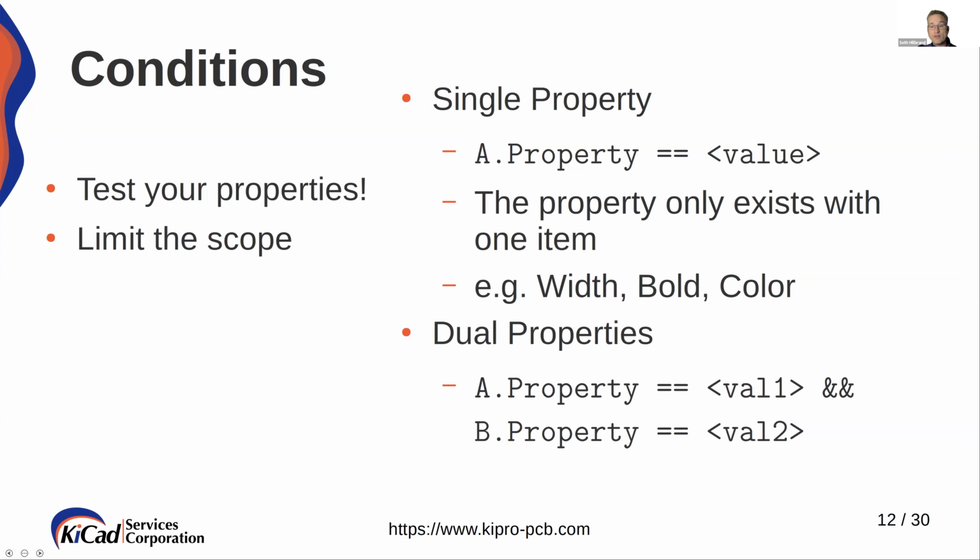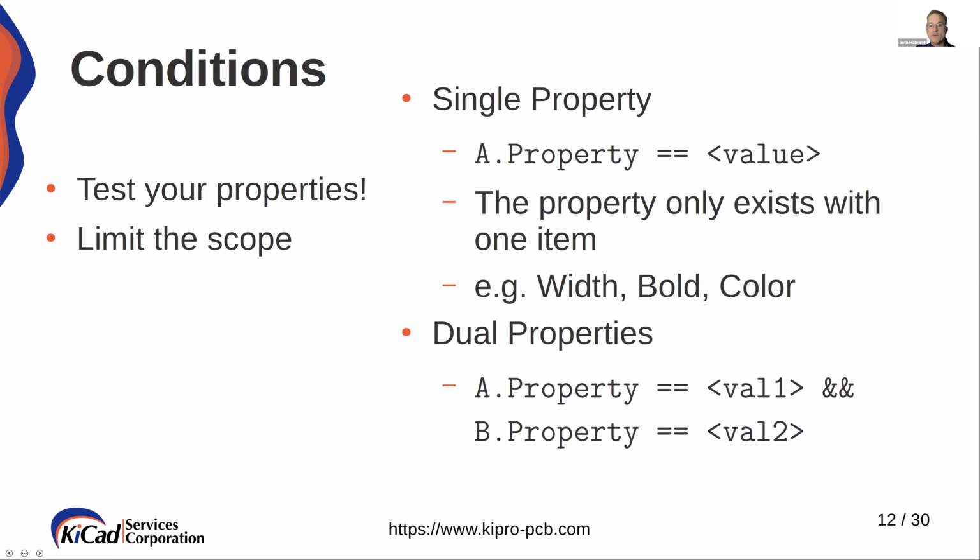If you have two properties, that happens when the property exists as a relationship between two items. Clearance is a good example. Clearance only exists as a relationship between two items, between a pad and a trace, or between a zone and a pad. You have A.property, which is the first element, and B.property, which is the second element.